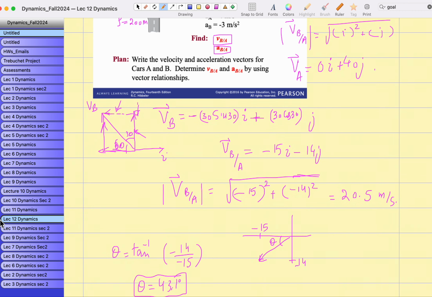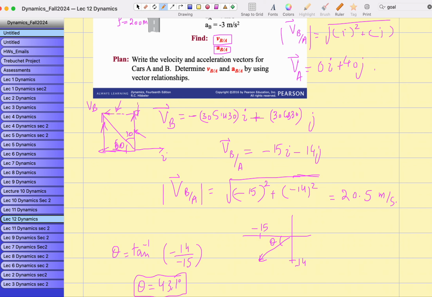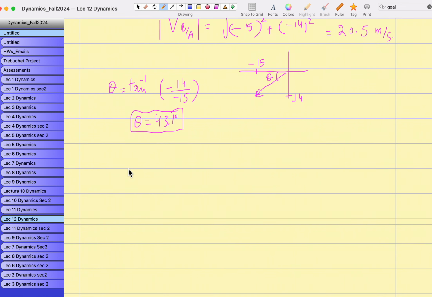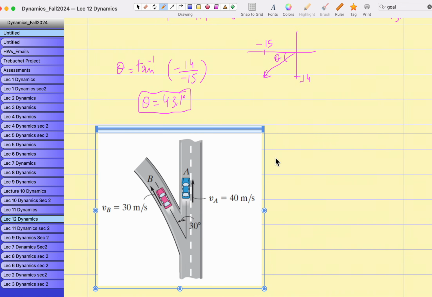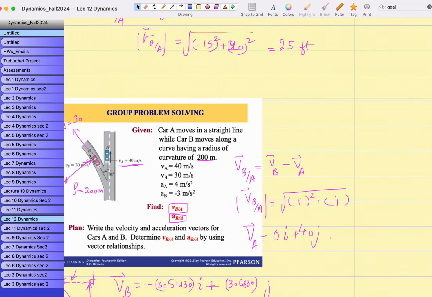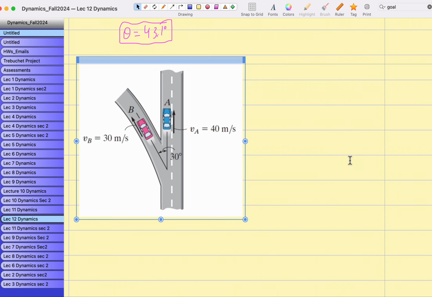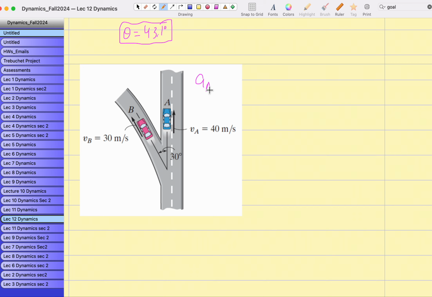Let me grab this picture again and solve this question for you. So the acceleration A sub A is 4 meters per second squared.